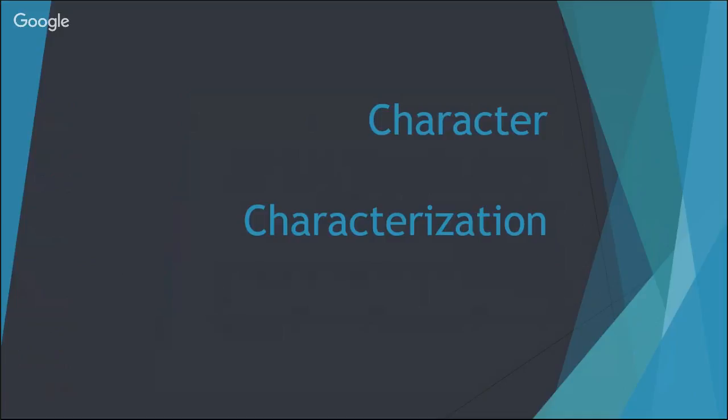Well, characterization is how the author portrays the people in the story. And that can be done through the author telling us directly or through indirect clues that we have. For instance, an example of direct characterization might be the author saying, Johnny is mean. Okay, pretty straightforward, pretty basic example.